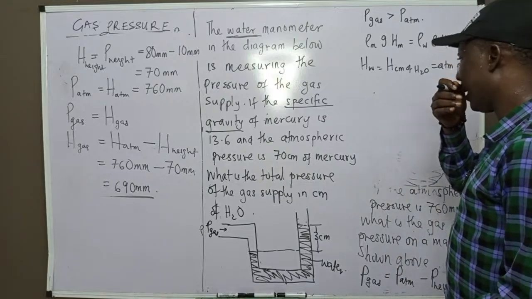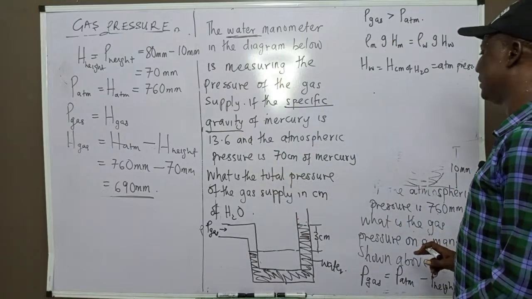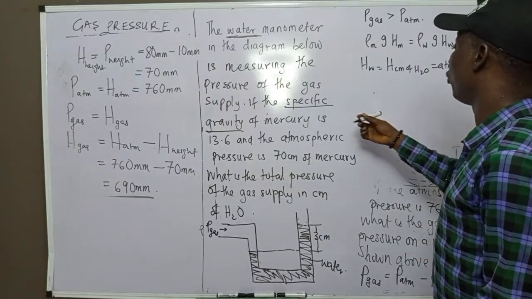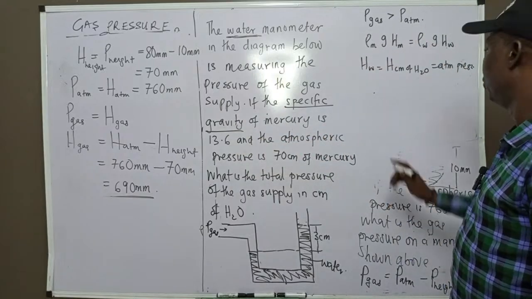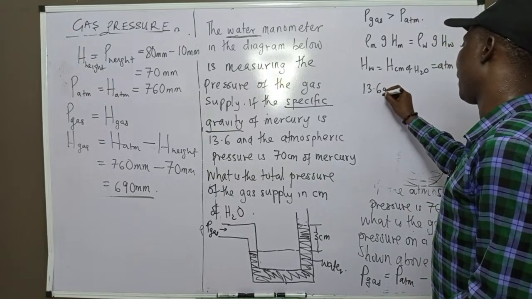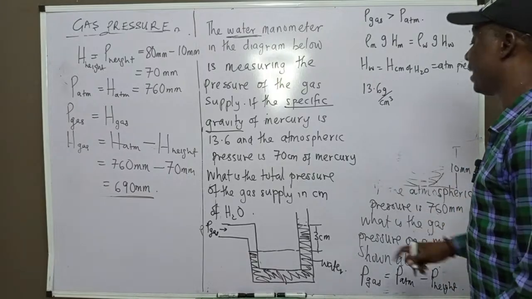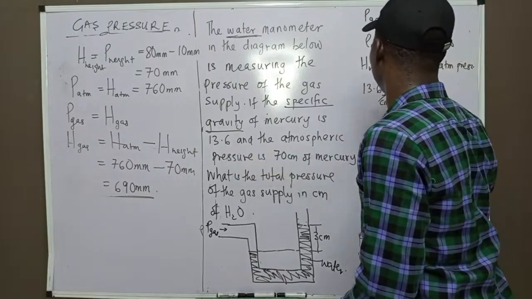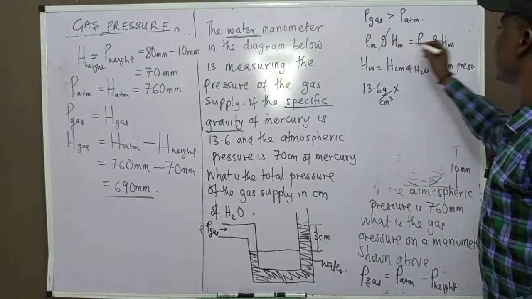Now what I want to do is convert this one to density by multiplying by 1 gram per centimeter cube, and that will give us 13.6 gram per centimeter cube. We have converted by multiplying. This is for mercury: density of mercury times gravity, and gravity can cancel out.